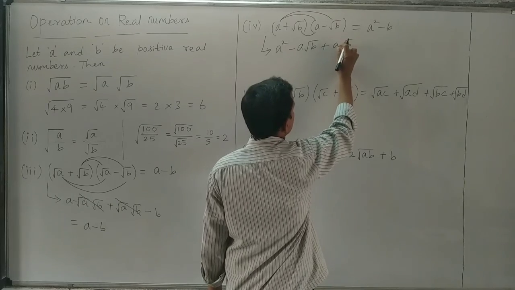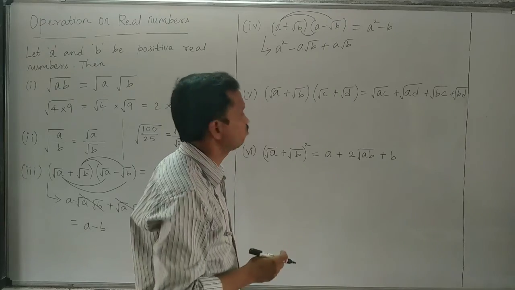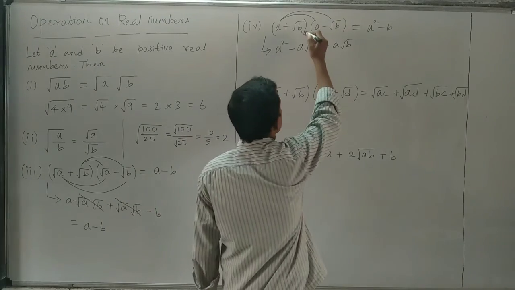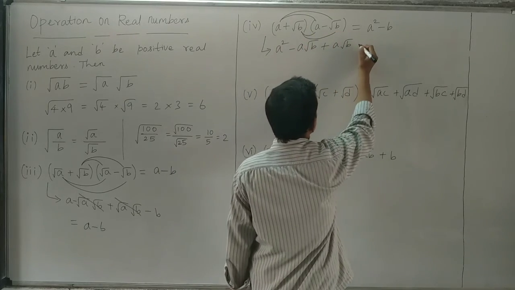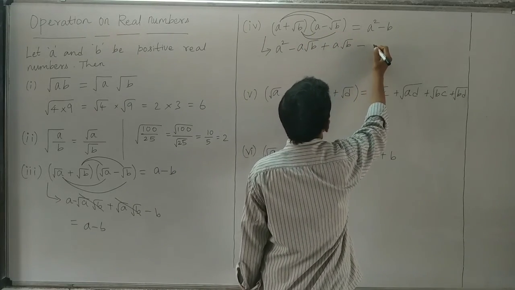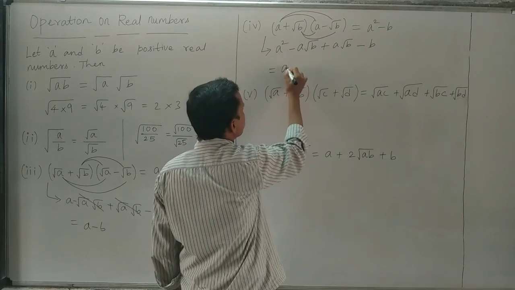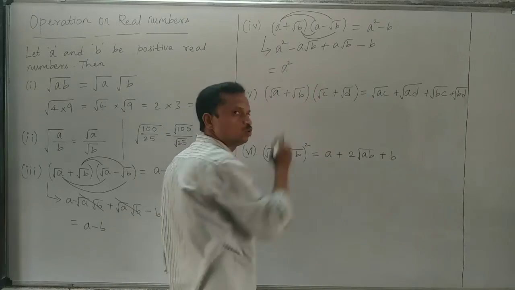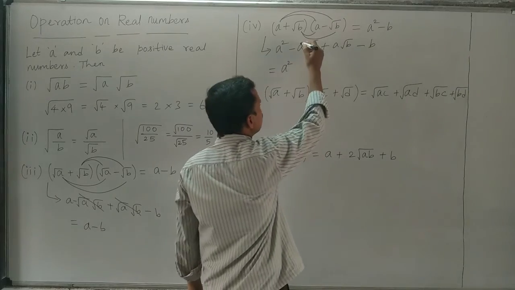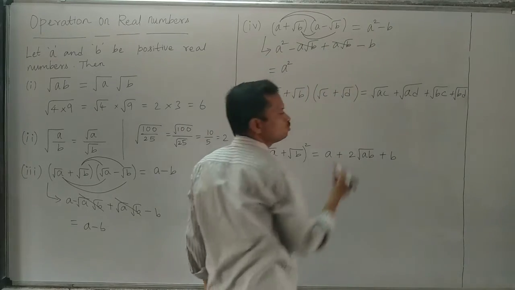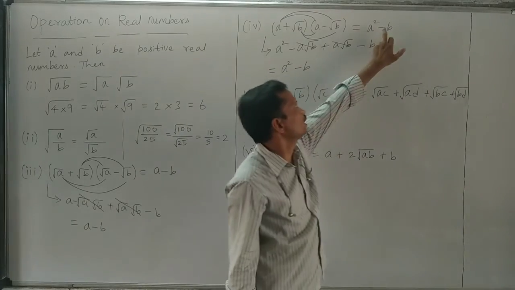Like that we can do, a into root b, in the same alphabetic order, and then plus root b into minus root b. What happens? Minus root b into root b is b. So this is a square, and this is minus a into root b, and this is plus a into root b. Both of them get cancelled, and the remaining is minus b only. So this is a square minus b. So what you get on the right side?